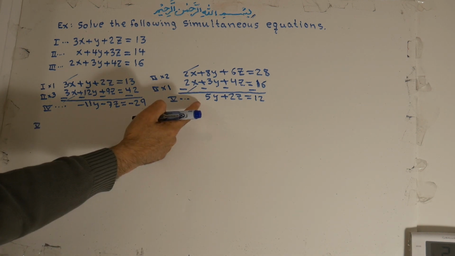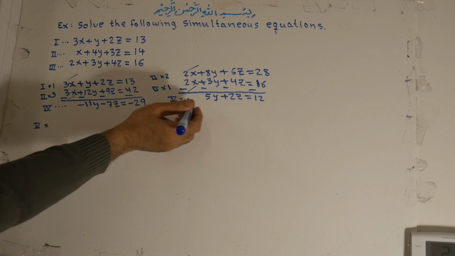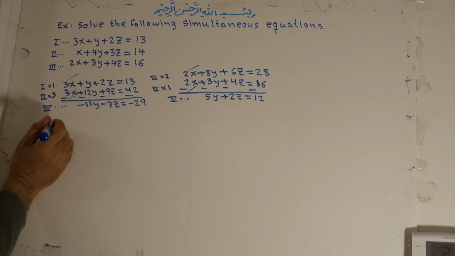For number 4, we multiply with the coefficient of y in number 5, which is 5.